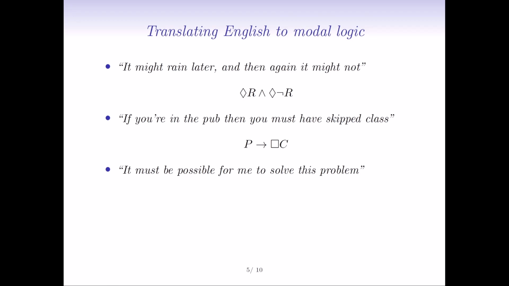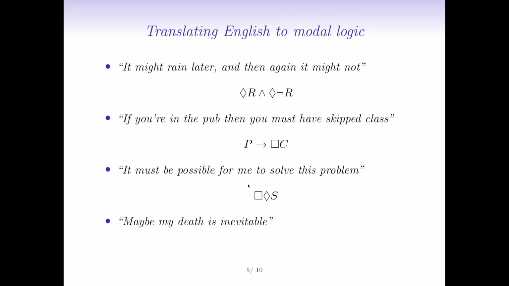So necessarily, it is possible that I can solve S. So it is necessarily the case that it is possibly the case that I will solve the problem. So this is a case where we have two modalities, box, diamond, S. Oh, there we are, and I guessed it right.